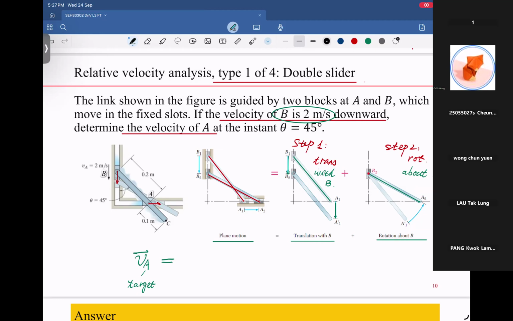The first part, which I use black for, is the reference point's velocity, plus, which I use red for, the velocity of A taking B as the reference point, right?